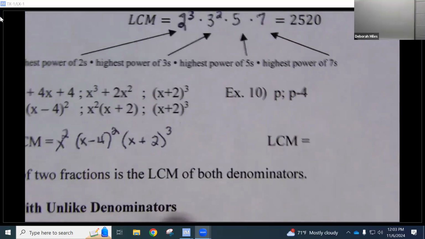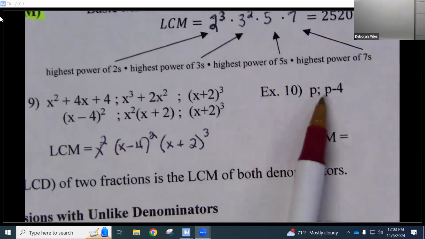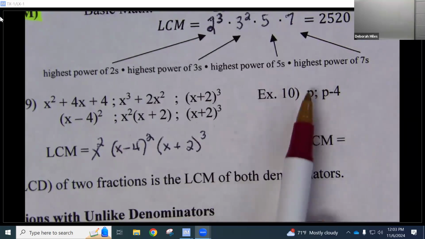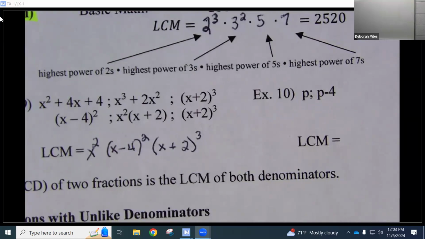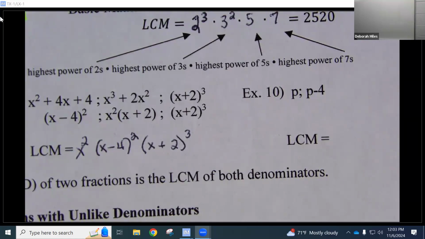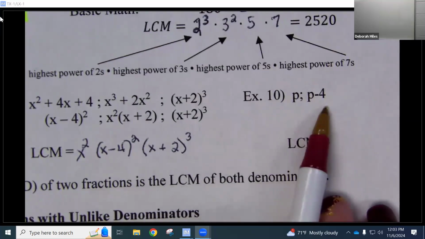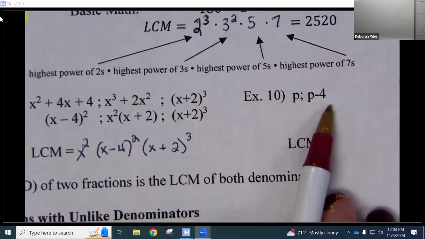All right, and number 10. What if I was adding two fractions, one of the denominators was p, and one of the denominators was p minus 4? What would the LCM be? You'd have to have both of them. There's nothing I can multiply by p to make it become p minus 4.